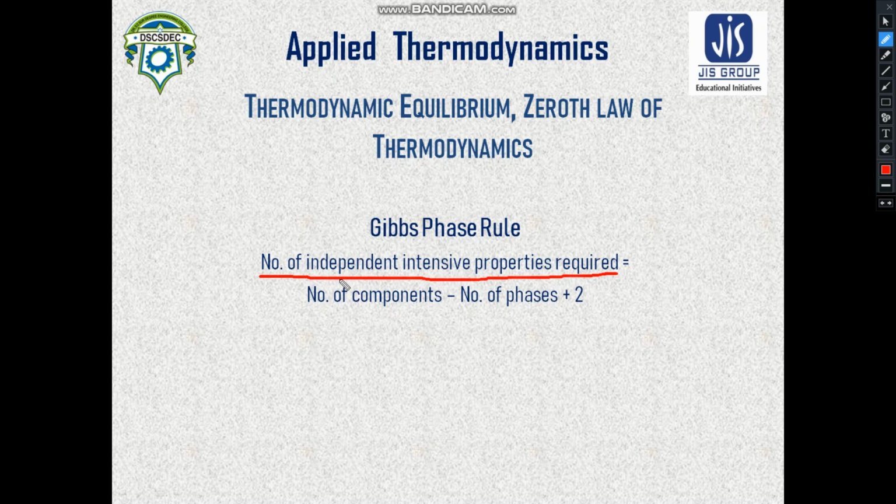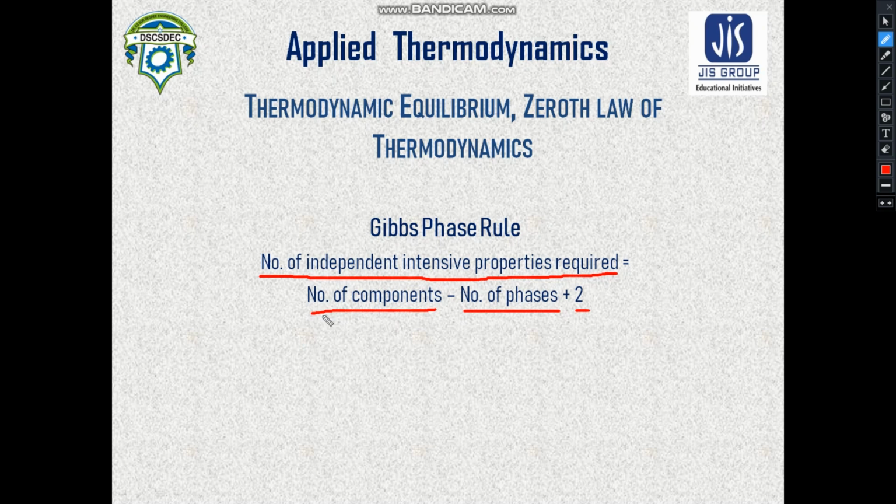The number of independent intensive properties required is the number of components minus the number of phases plus 2. What I said earlier, that to specify a state we need at least two independent properties, was a specific case, and this is the general rule.